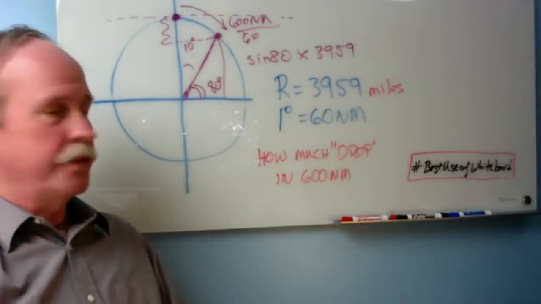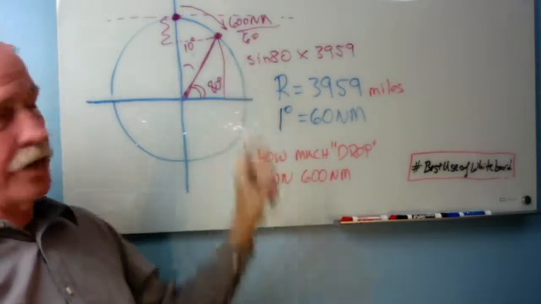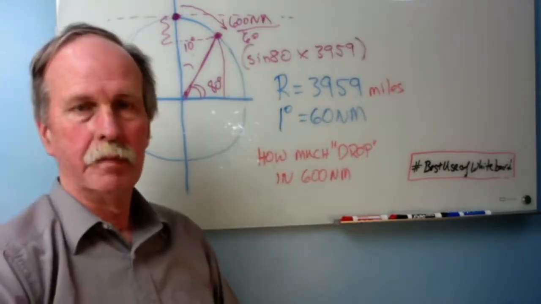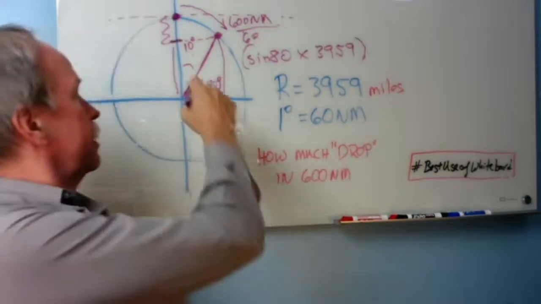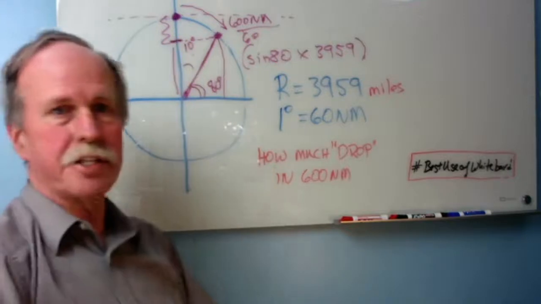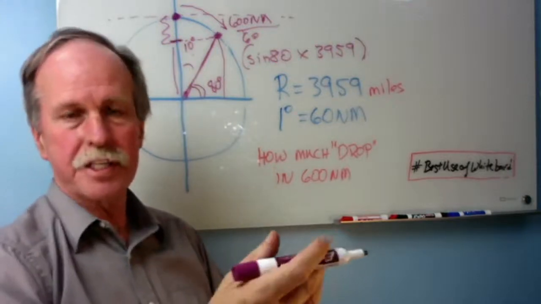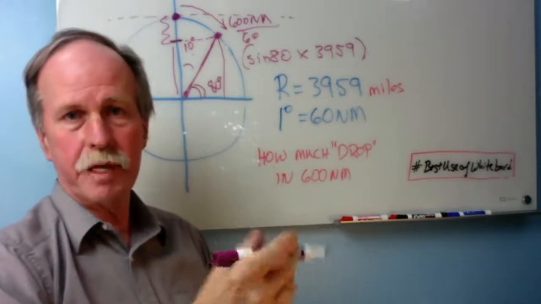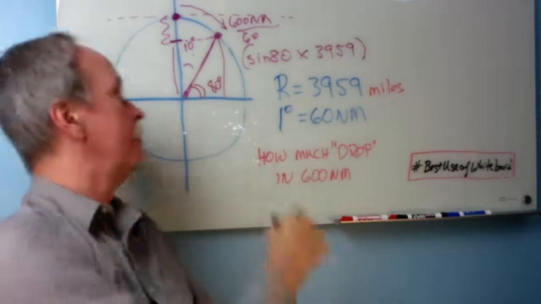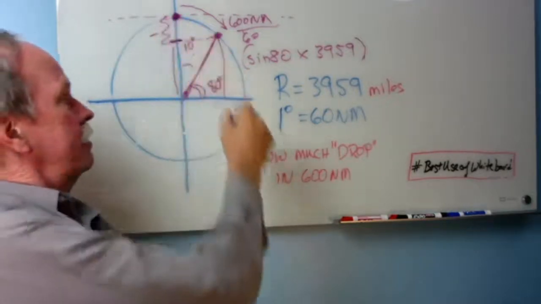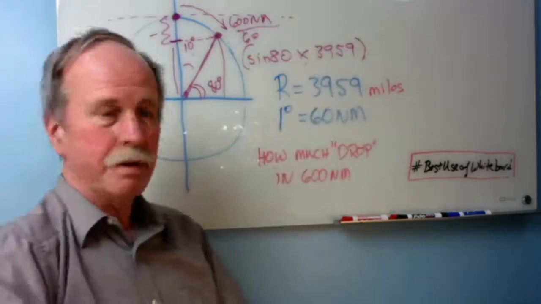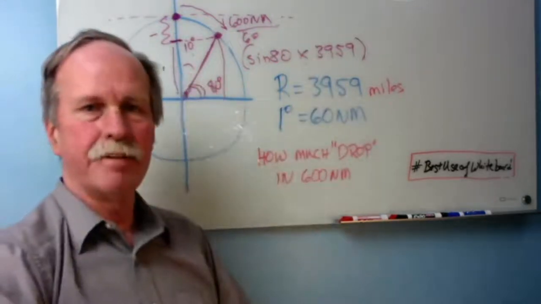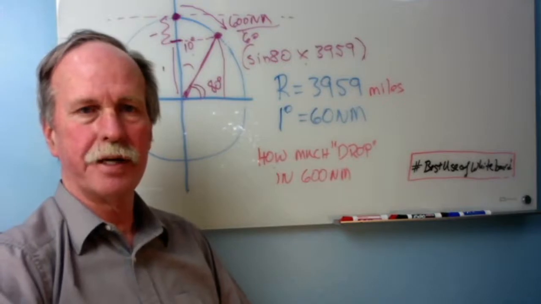All right, that's how long that distance is right there. Now to find the amount of drop, it's a rather straightforward thing. This distance right here down to the center of the Earth is the sine of 80 degrees times 3959. The difference right here is 3959 minus the distance here, which is the sine of 80 degrees times 3959.